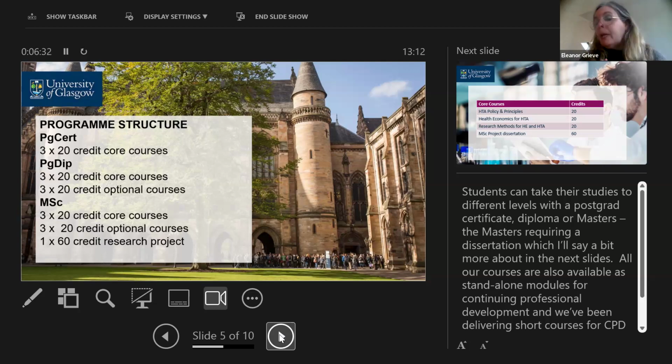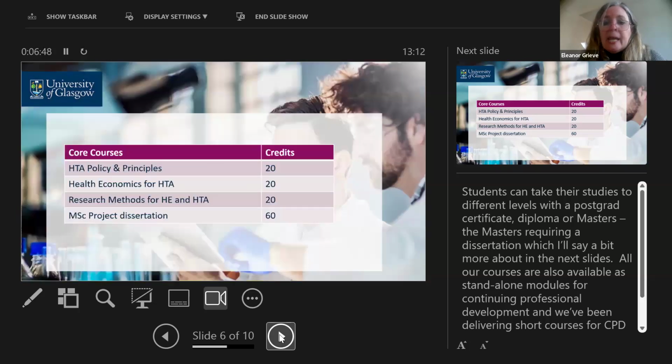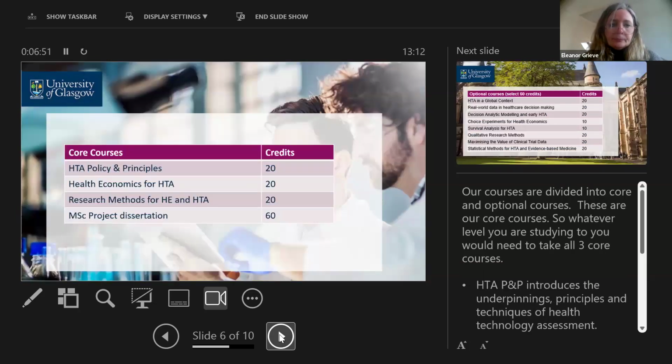At the moment, we've just revised our core courses. So HTA, Health Technology Assessment Policy and Principles, gives you a good introduction to what HTA is about. Health economics for HTA, health economics being a key methodology of HTA. There's a 10-week module dedicated to an introduction to health economics.